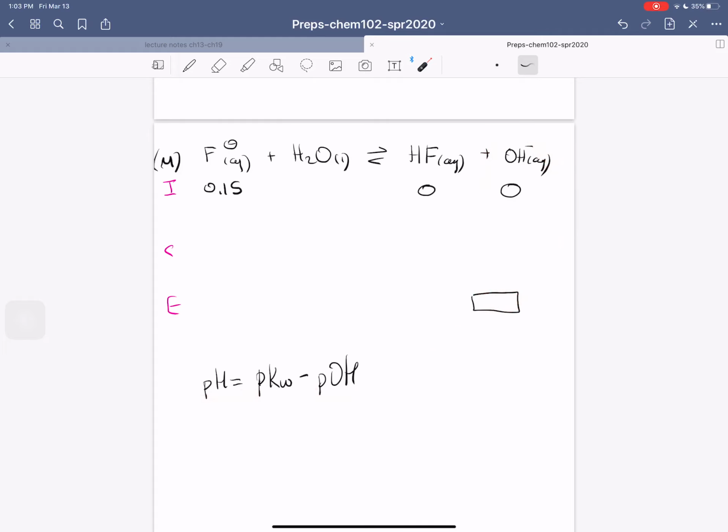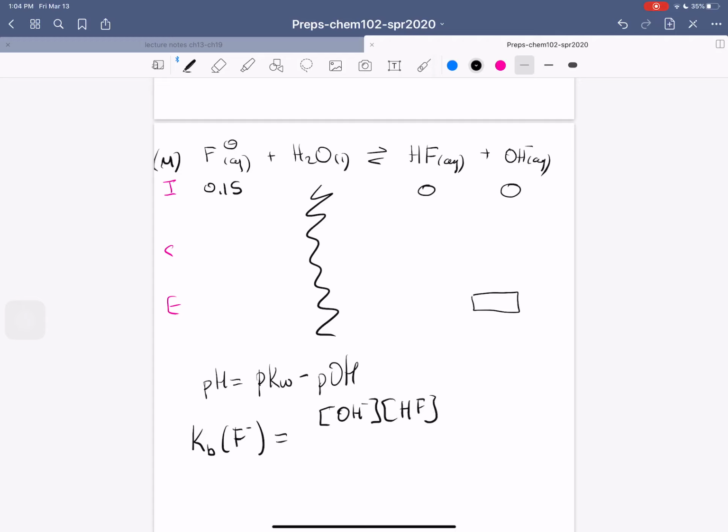So I have to set up the ICE table again. Water will not be in the picture. And again, fluoride acts as the base, right? I have to set up the expression for the equilibrium constant, which is OH minus times HF over the concentration of F minus, and all these concentrations at equilibrium.